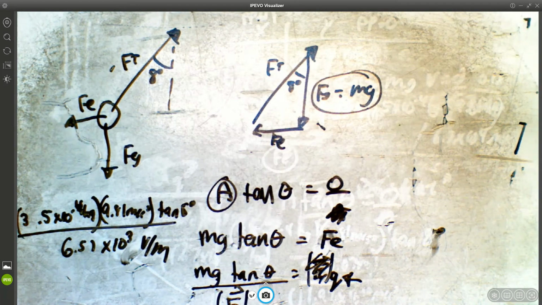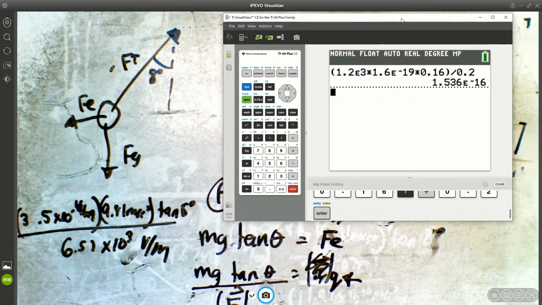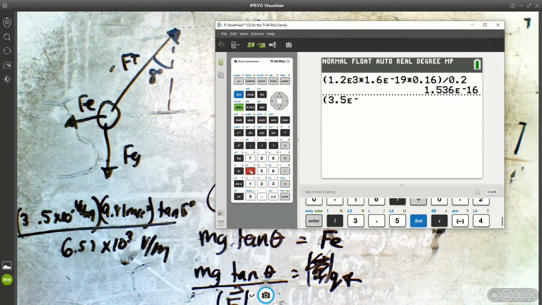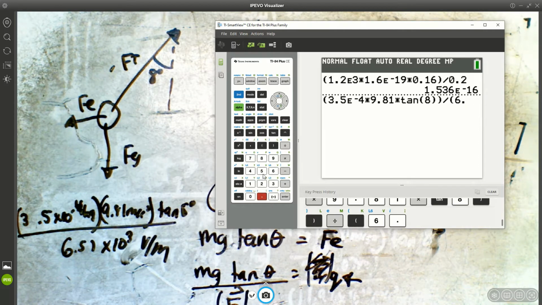And then I'm ready to type that all into my calculator. 3.5 times 10 to the negative 4 times 9.81 times tan of 8 degrees divided by 6.57 times 10 to the 3.